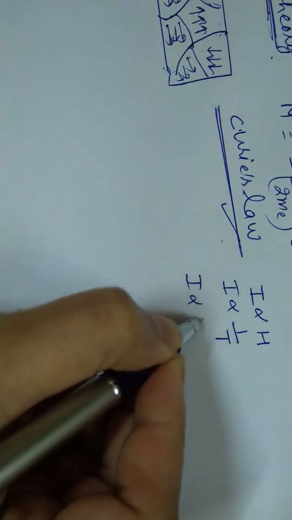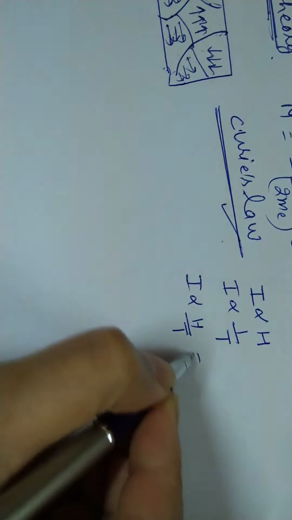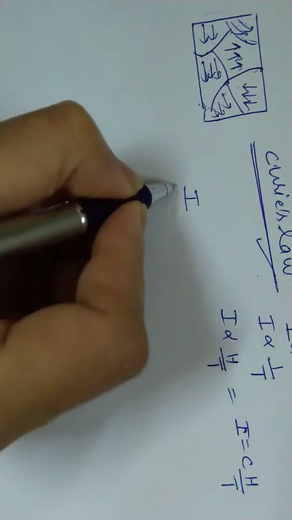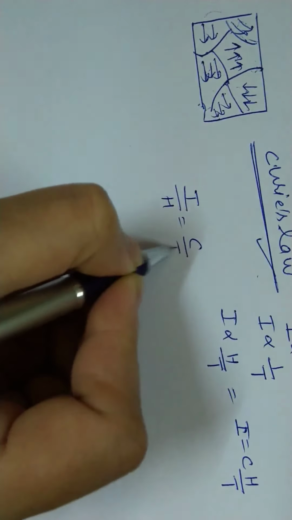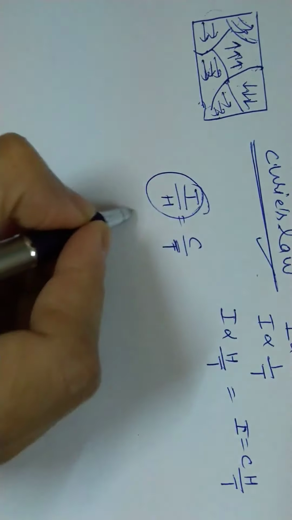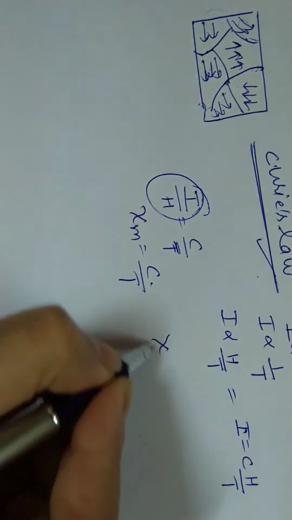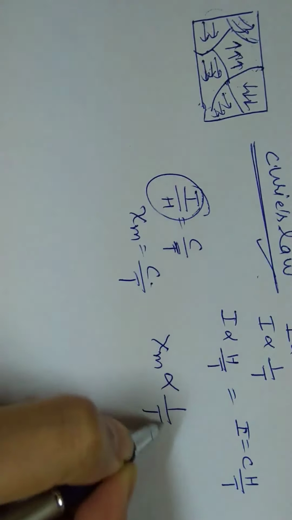So I is proportional to H upon T, and with the constant, I equals C H upon T. If we write I upon H equals C upon T, and this I upon H is called chi, then chi m is proportional to 1 by T.